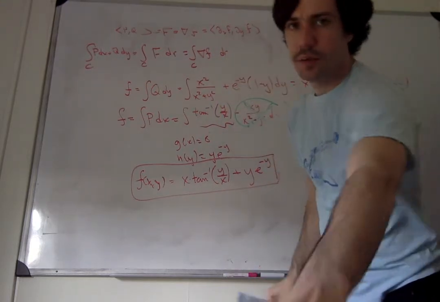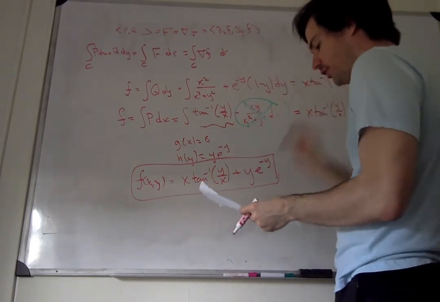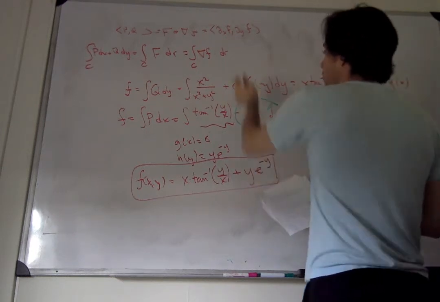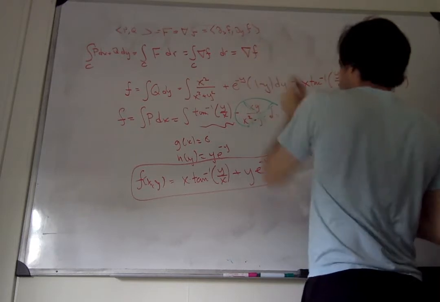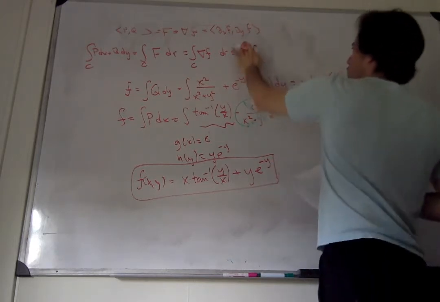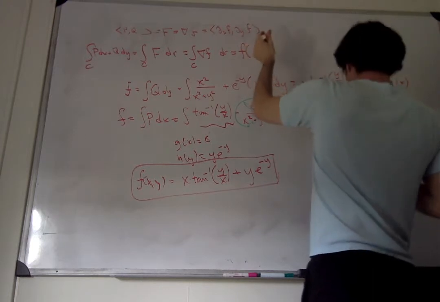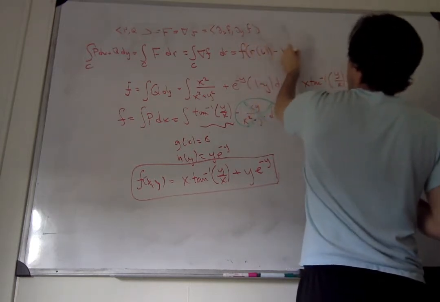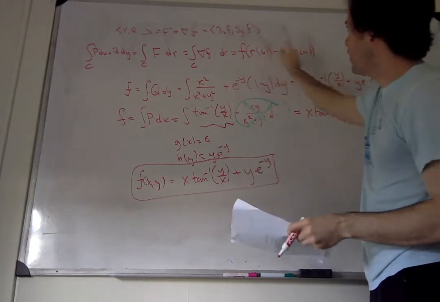And this is where the magic comes in. This is by the fundamental theorem of calculus, we can say that this is just equal to, you drop the del, and you say this is f of rB minus f of rA. Well, what is rB and rA?